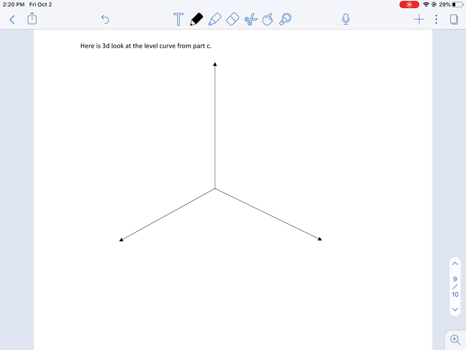So here is an x, y, z grid. And the level curve is the curve needed for 100 units of production. So remember that z is units of production. So that is going to be 100.